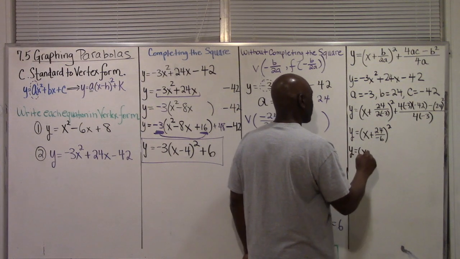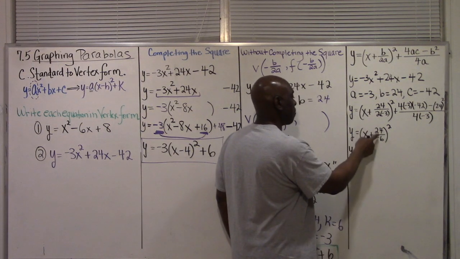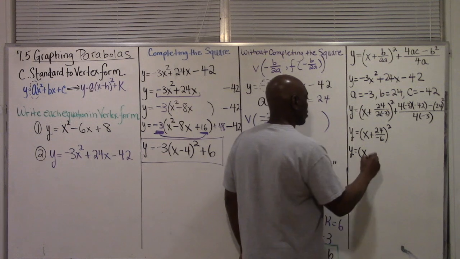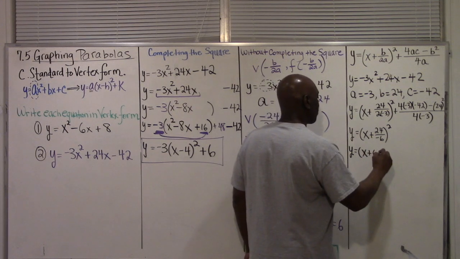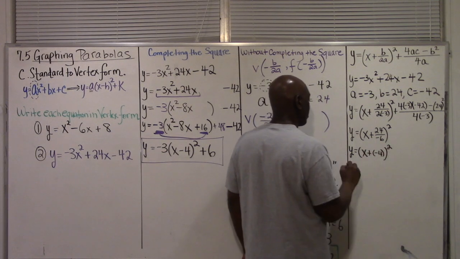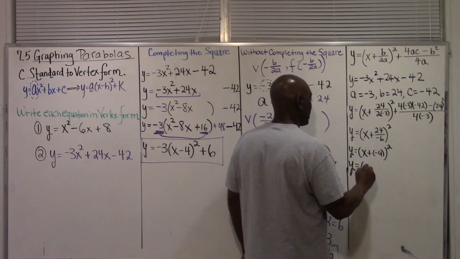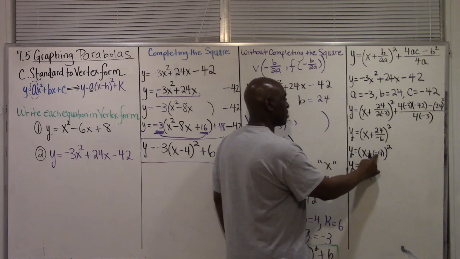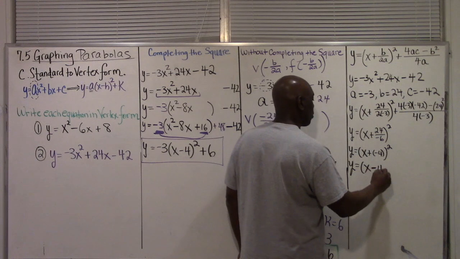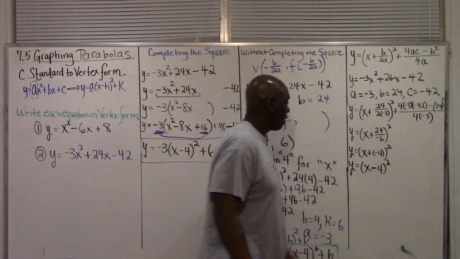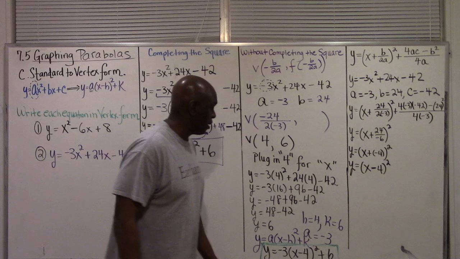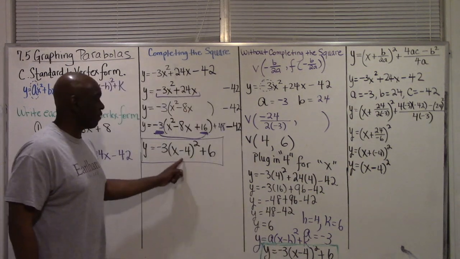Well, 24 divided by negative 6 is going to be negative 4. So y equals x, a positive times a negative is minus, minus 4 quantity squared. I'm almost there. There's my x minus 4 quantity squared, which is right here, which is also right there.